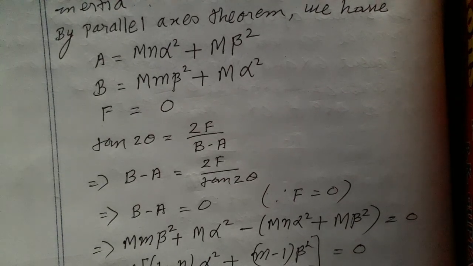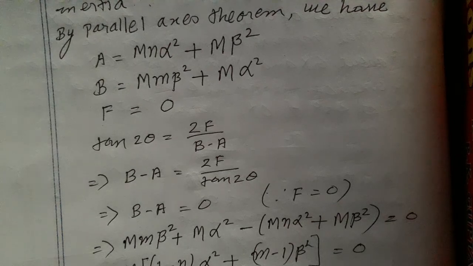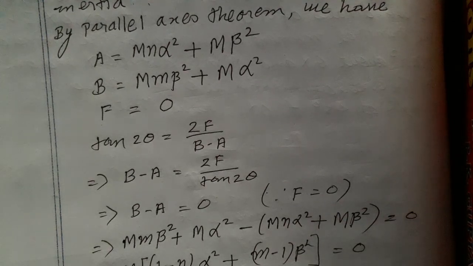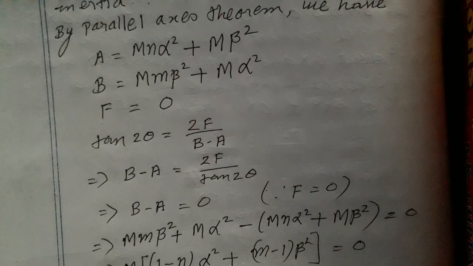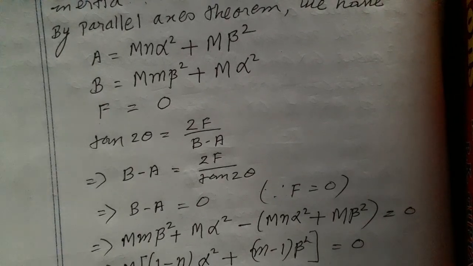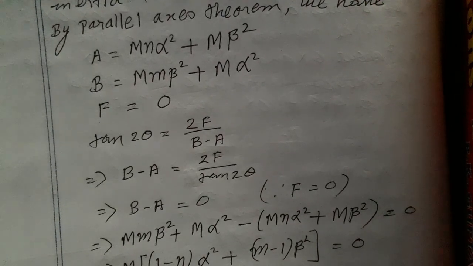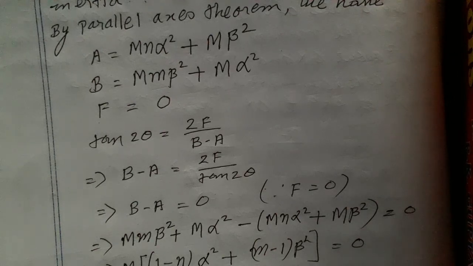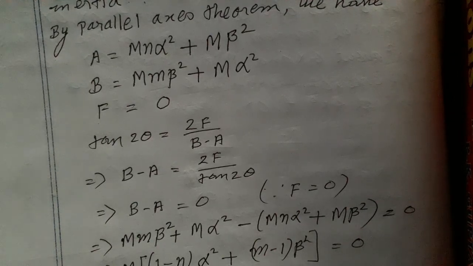In the same way, we apply the theorem to Gy: B is M m beta squared plus M alpha squared, where the distance between the two axes is alpha.